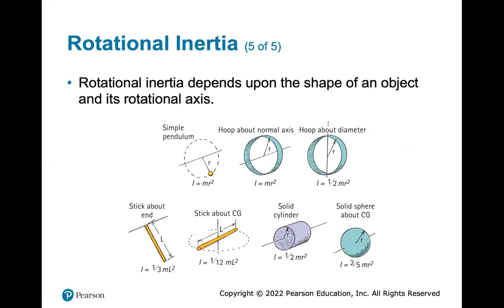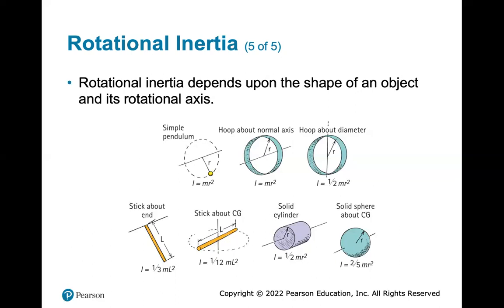It depends on the shape of an object and its rotational axis. I don't have anything to demonstrate it, but there are some videos where they will roll a disc and a hoop of the same mass and the same diameter. The disc will always win because the hoop has more rotational inertia than the disc. They don't really show a disc unless you take this one here, the solid cylinder, and squash it to where it's a disc and not a cylinder.